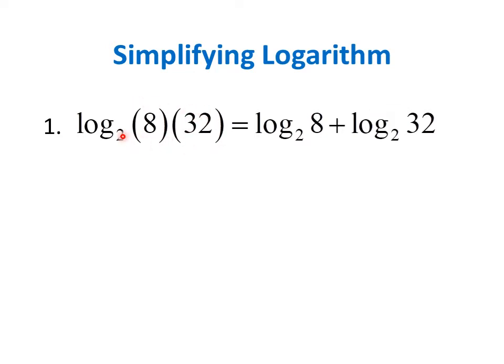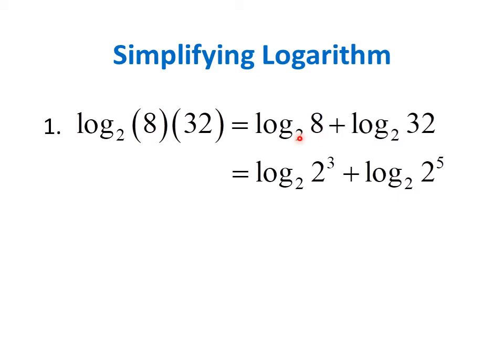But we have to use the same base. Now, since these numbers are multiplied, we have to use plus. So we can rewrite this expression into log to the base 2, same base 2, of the first argument, so that's 8, plus log to the base 2 of 32.